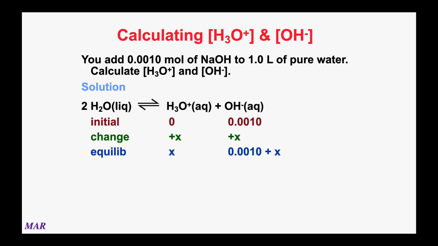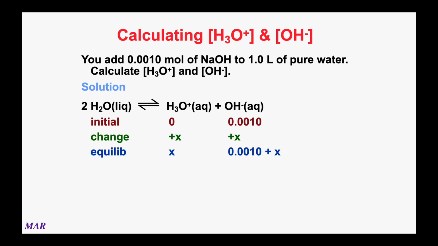Now, in the Kw expression, hydronium and hydroxide will be non-zero numbers, and as the water breaks down, it will make X amount of hydronium and X amount of hydroxide. So at equilibrium, hydronium will be X, hydroxide 0.0010 plus X.